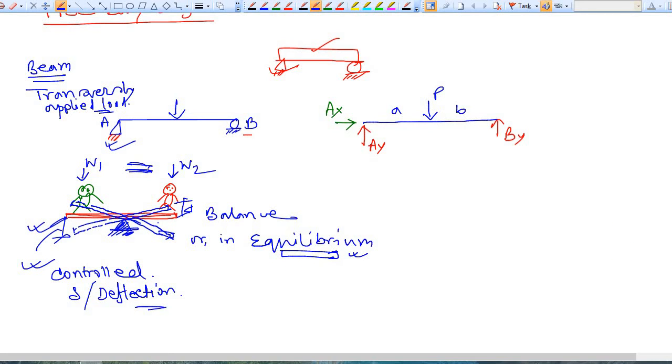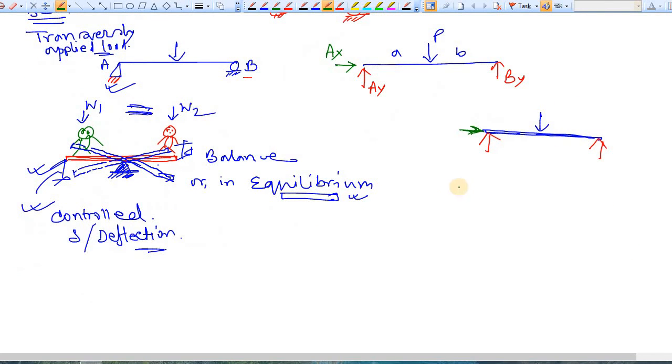So now instead of you and your sister, replace this with a beam. Okay, this is the beam. Now you have applied an external load, and you have some reactions like this. This is the external load and these are the internal reactions.